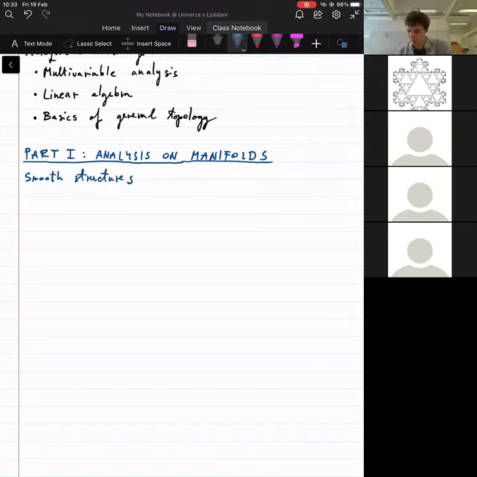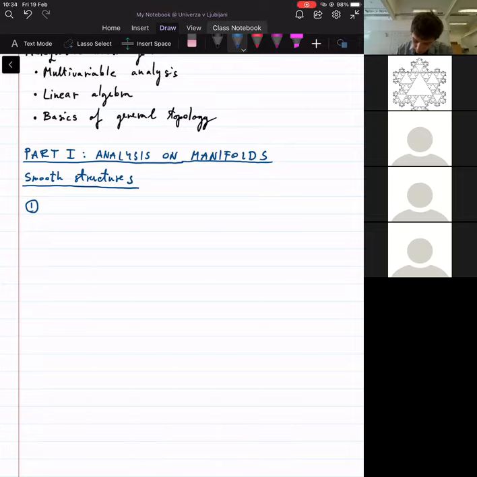So this would be the first section in our studies of geometry. And let's go ahead and try to solve some easier exercises in this context.